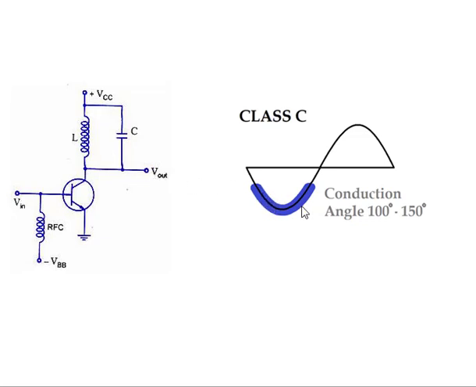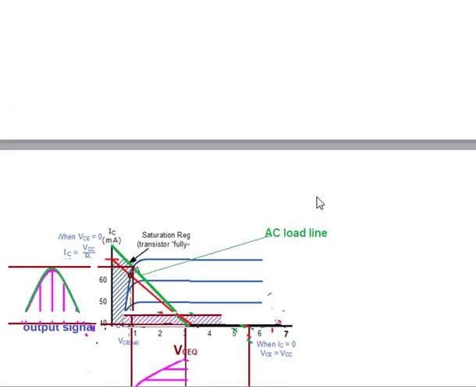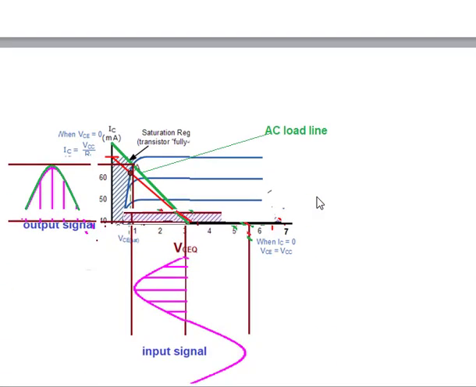So this is the class C amplifier. It gives only part of the input signal. This is the whole input waveform. It gives output only in a part. This is the load line graph of the class C power amplifier. See here, it is the input signal.